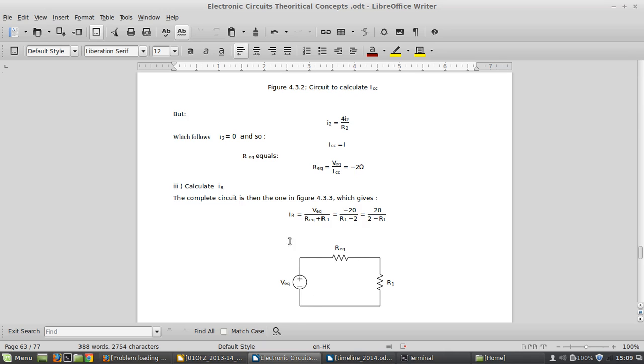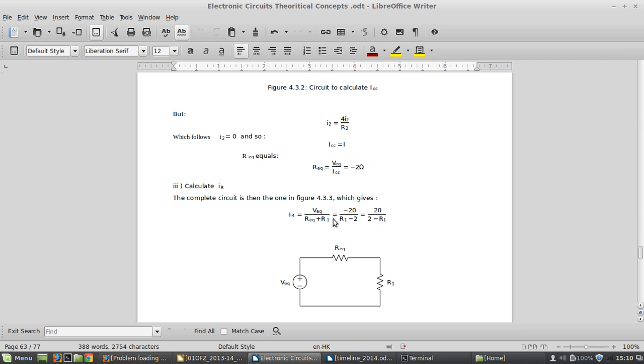After calculating, I2 equals 0, so the short circuit current equals the current source here. Lastly we find the R equivalent, and we are done finding the Thevenin equivalent circuit.